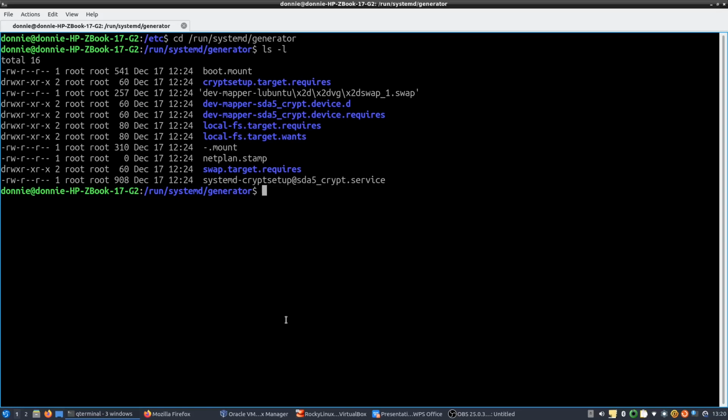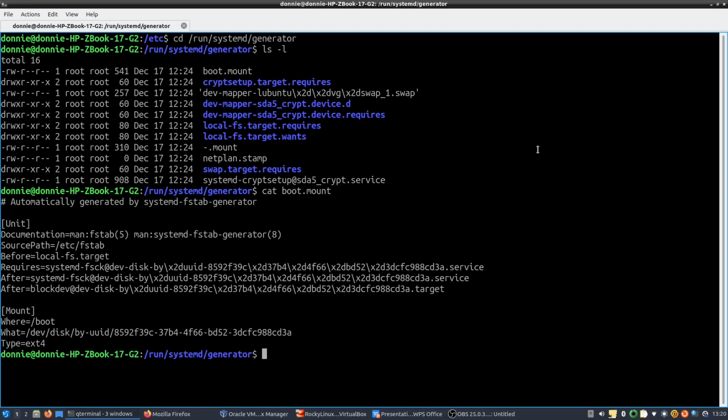Okay, so here we have our different mount files. We've got the boot.mount right there. We can take a look at that. Okay, so we see how it's set up here.